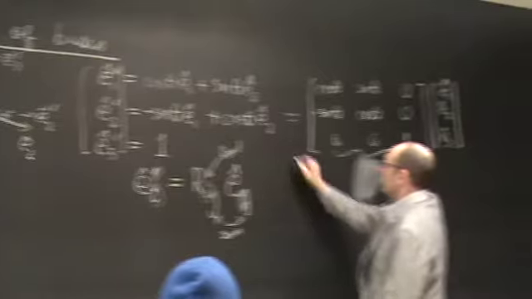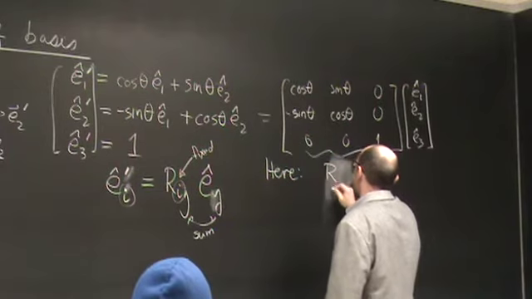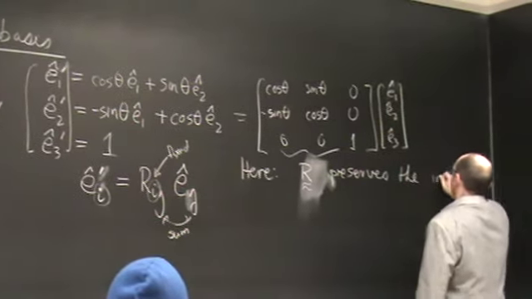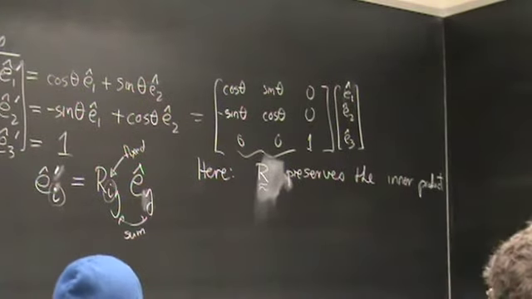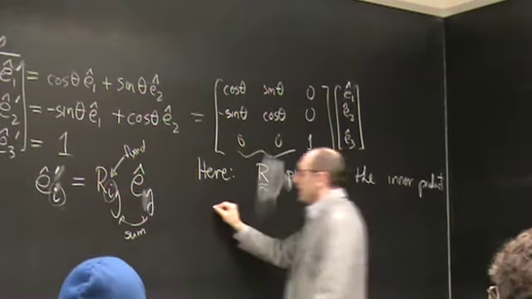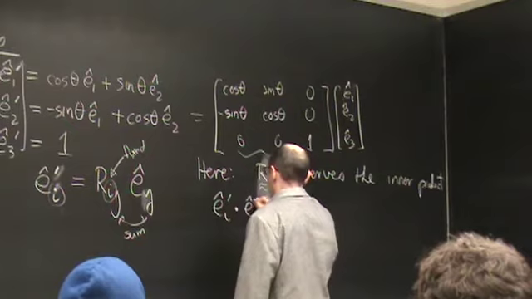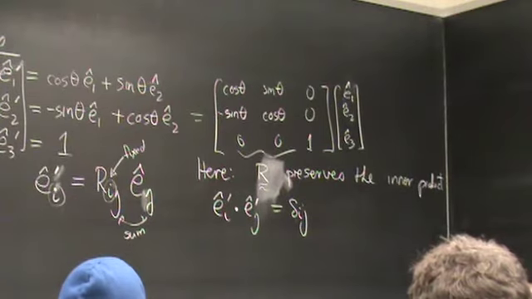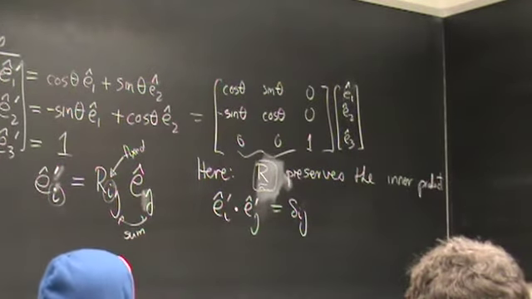So in this case, R preserves the inner product. So what that means is that the new basis vectors must remain orthonormal. That, as you know, puts a constraint on the nature of the transformation matrix.